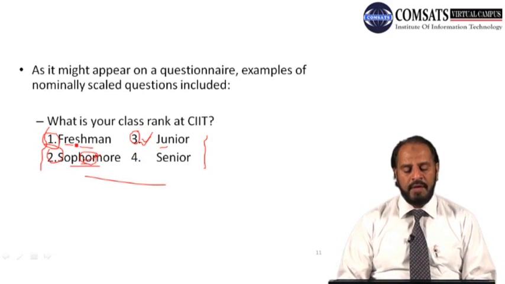To a computer, when you enter the data, it does not understand the difference between a freshman and a sophomore, but it will tabulate how many students are in the freshman year. Let's say 3 have ticked here, 2 have ticked here, 1 here, and 1 here. So you would say 3 are in the freshman year, 1 is in the sophomore year, 1 is in the junior year, and 2 are in the senior year.